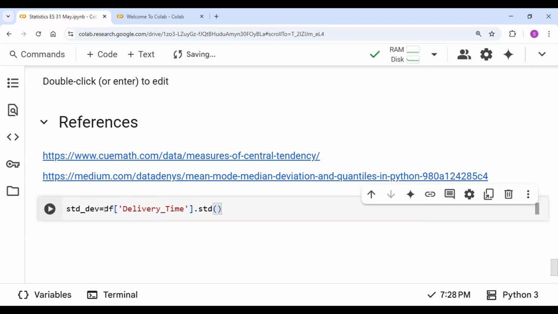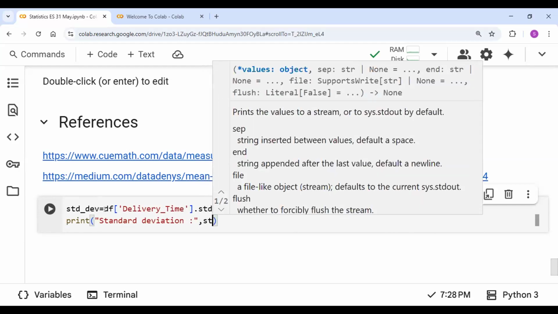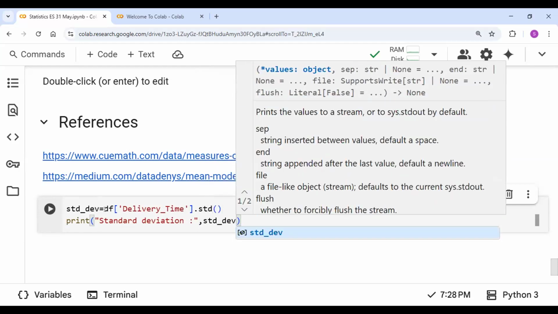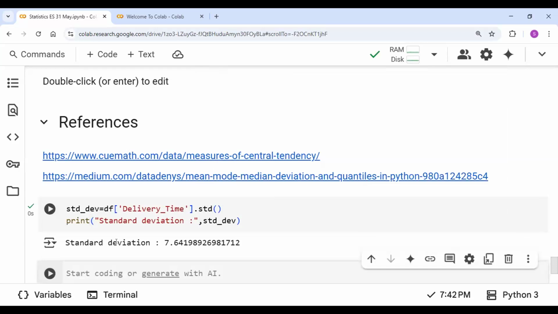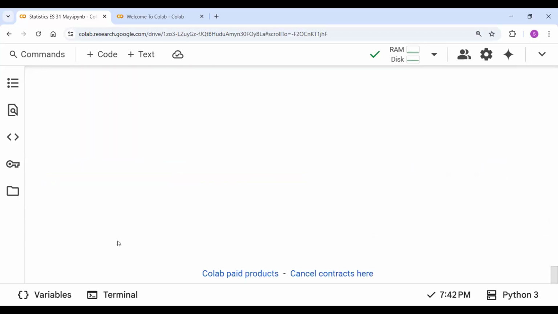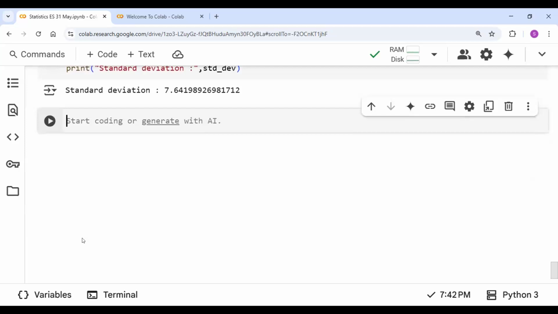Std is a built-in function that gives you the standard deviation value. So what is the standard deviation value? It tells us it's 7.6.